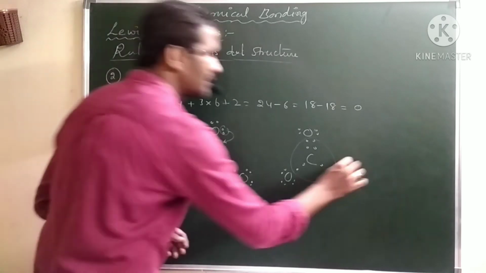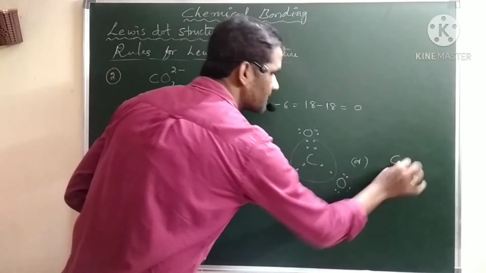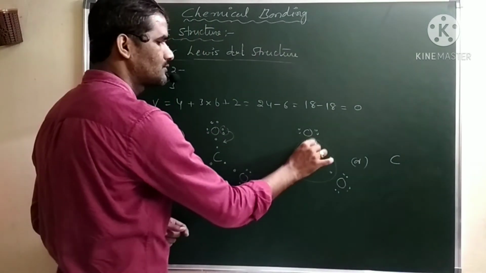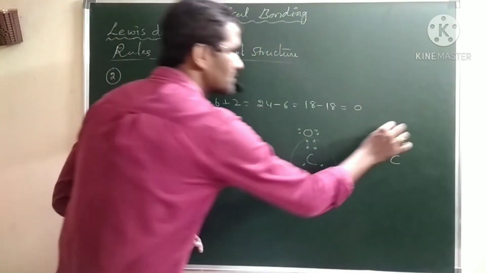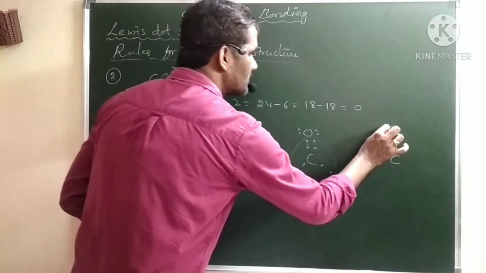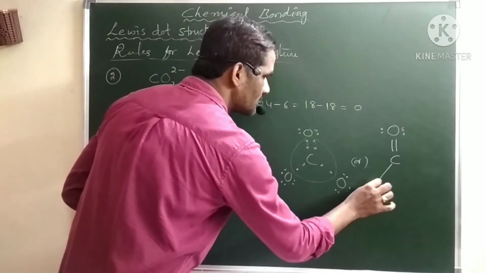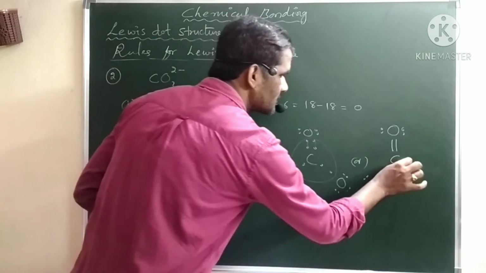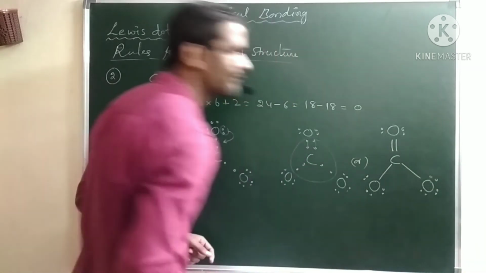So this you can write in bond formation, that is carbon. Now here one bond, here one bond. So 2 electrons make one bond, and 2 electrons make one bond. You will get a double bond and oxygen, and here 2 pairs, and this oxygen has 3 pairs, and this oxygen again has 3 pairs.